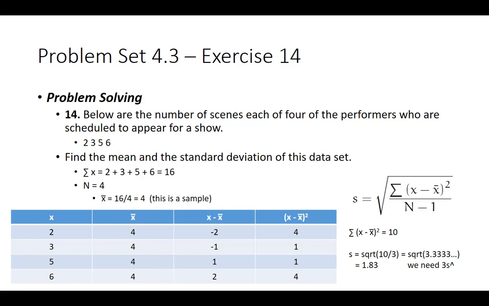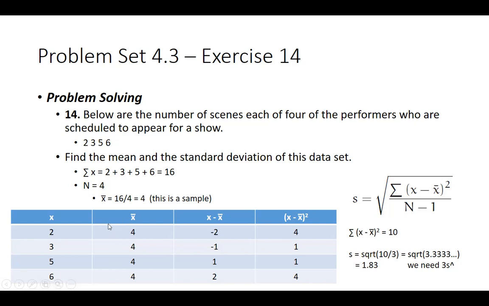So when we're asked to find the mean and the standard deviation of this data set, with standard deviation, we have to use the formula that has the n-1 in it, because that's what we use for samples. So a column for x, 2, 3, 5, 6, rows for each of those.